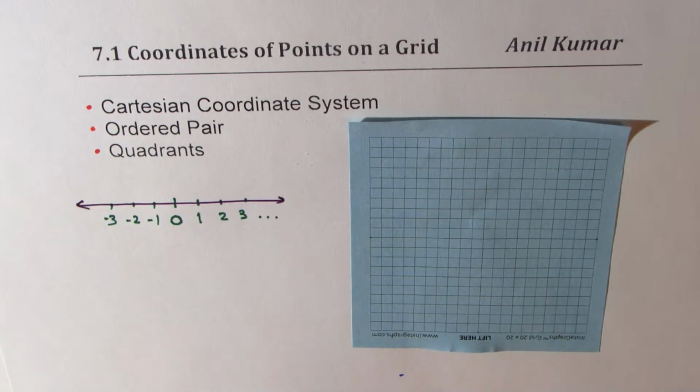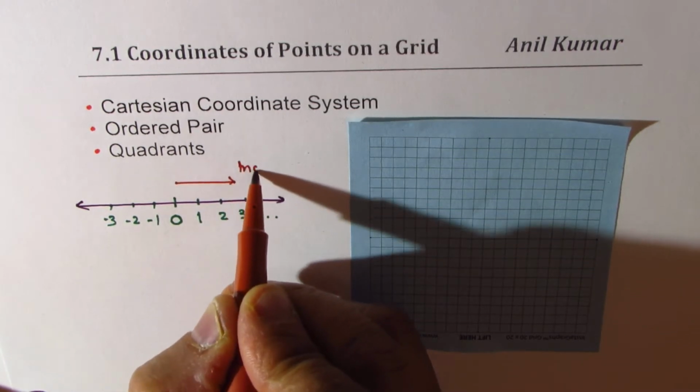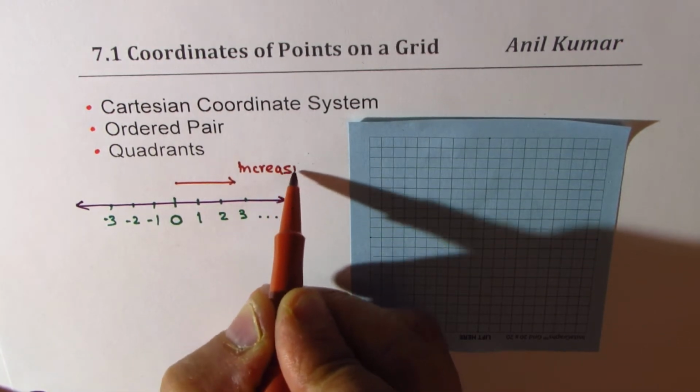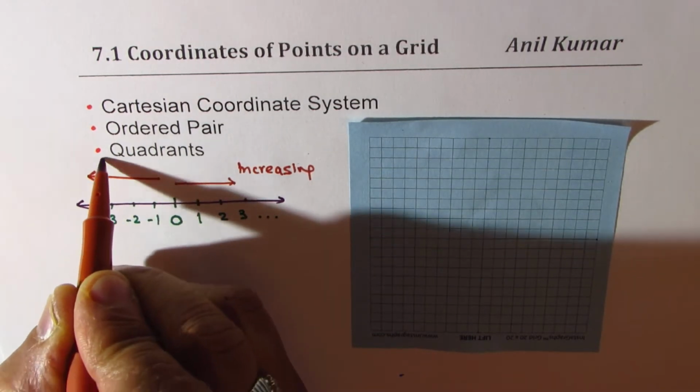So on a number line, you saw that the numbers are increasing when you go from left to right, and they are decreasing when you go towards the left.